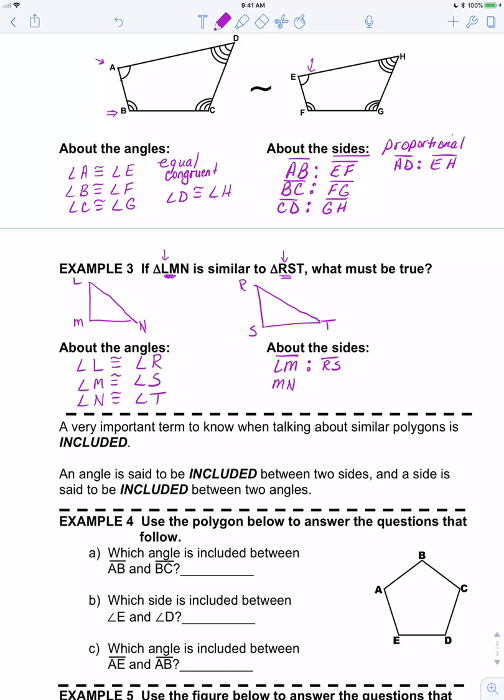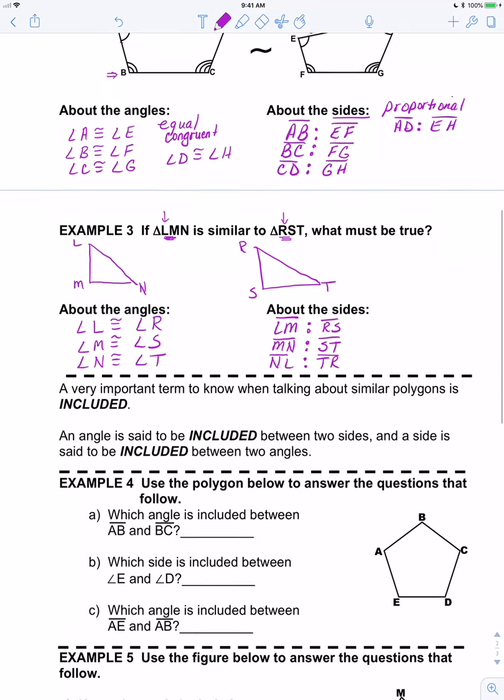MN is proportional to ST, NL is proportional to TR. And we could write more if we wanted to. We could also say, let's see, L to, yeah, we have all those.